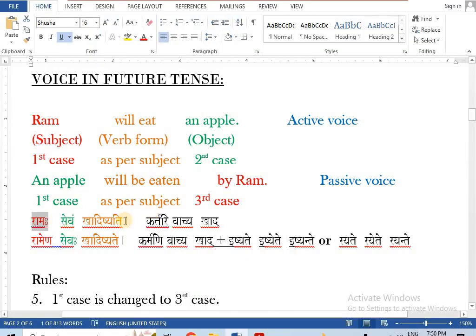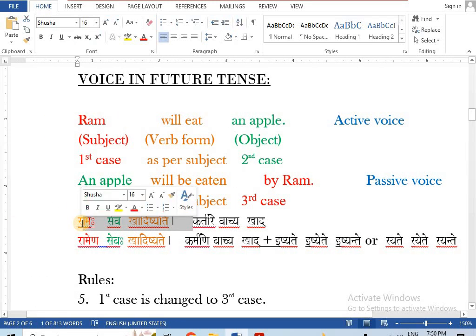Now this was the structure of a present tense, future tense, active voice sentence. But now let us convert to passive. Here, the same rules that we understood in the present tense active to passive apply. So the first case converts to third case. Ramaha is prathama vibhakti ekvachan, first case singular, and converts to third case singular, Ramena.